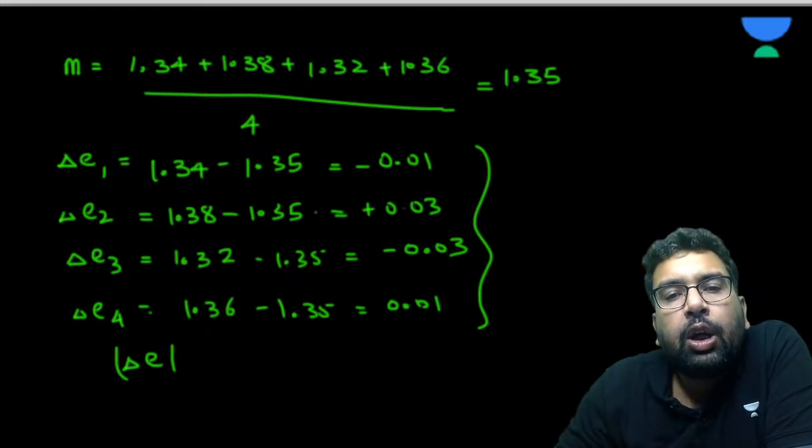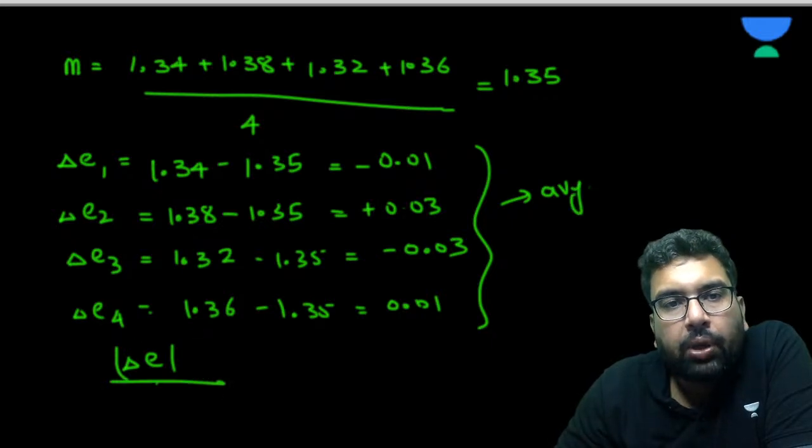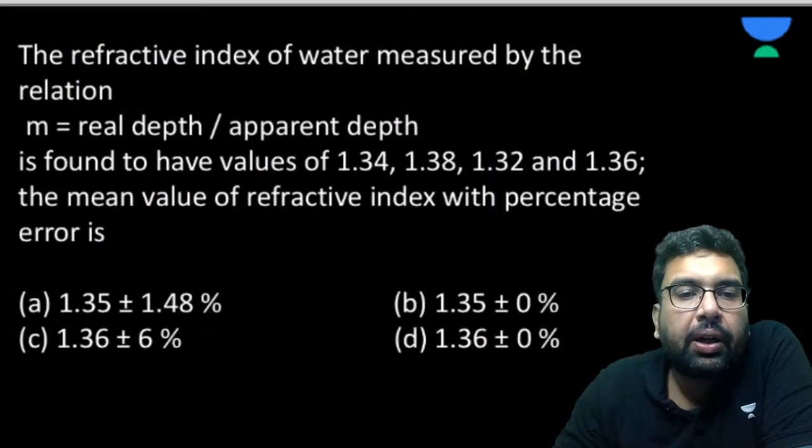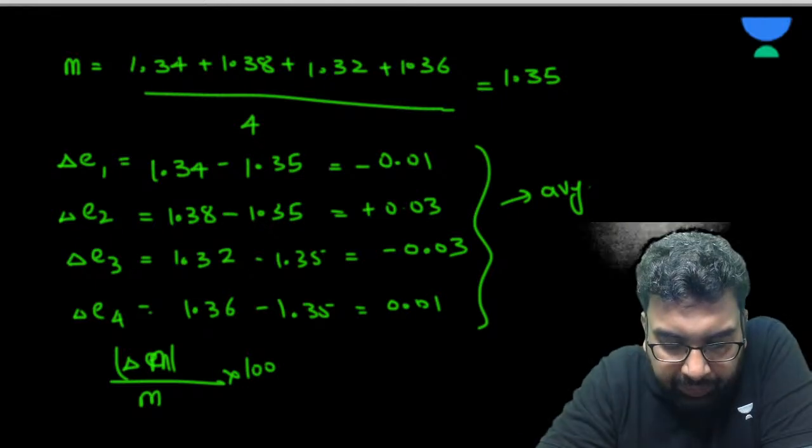In the examination, you must not do all this. The error upon the mean value m, delta m upon m into 100, gives the percentage error. So it will come out to be obviously 1.58%. So you need not calculate it. Is it fine, beta? Please answer me.